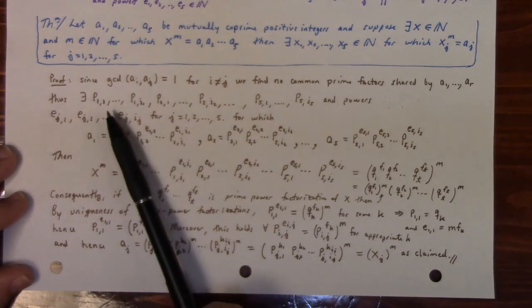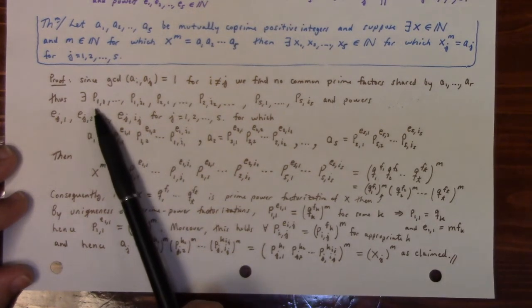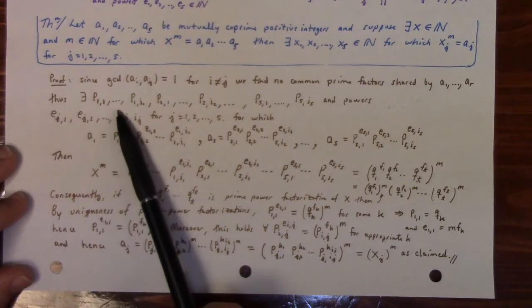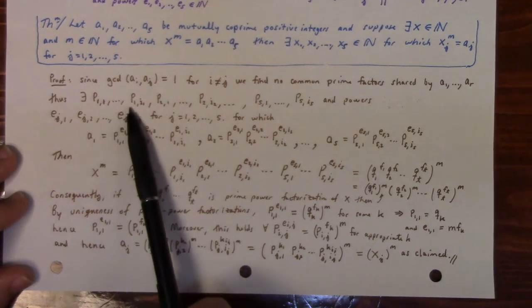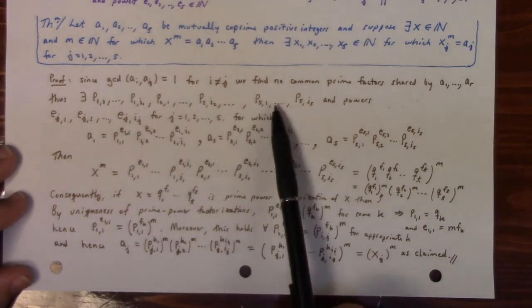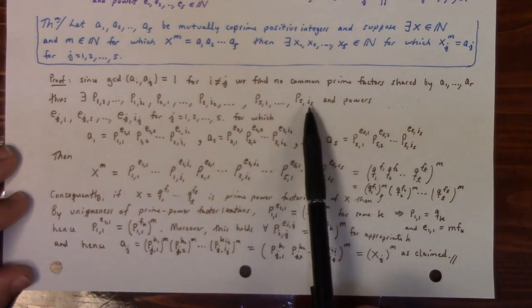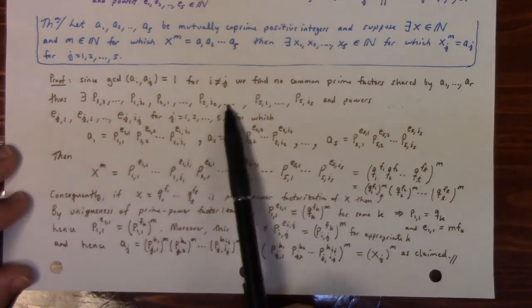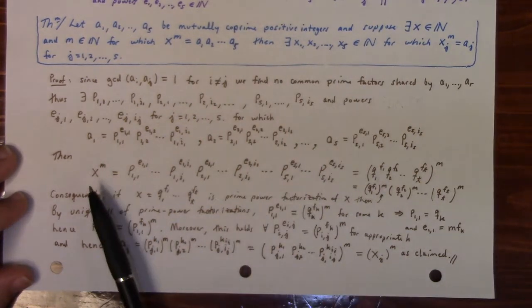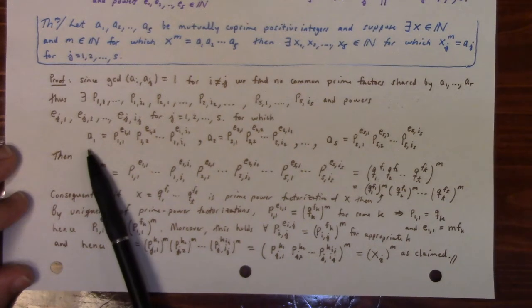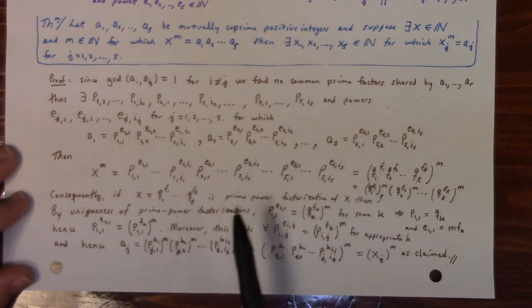Which means, here's my horrible notation for this problem, you can make a distinct list of primes for the totality of all these things, p_11 out to p_1i_1 and all the way out to p_s1 and p_si_s. So here's my distinct list of primes for this list of s numbers. And so a_1 is that, a_2 is that, a_s is that.